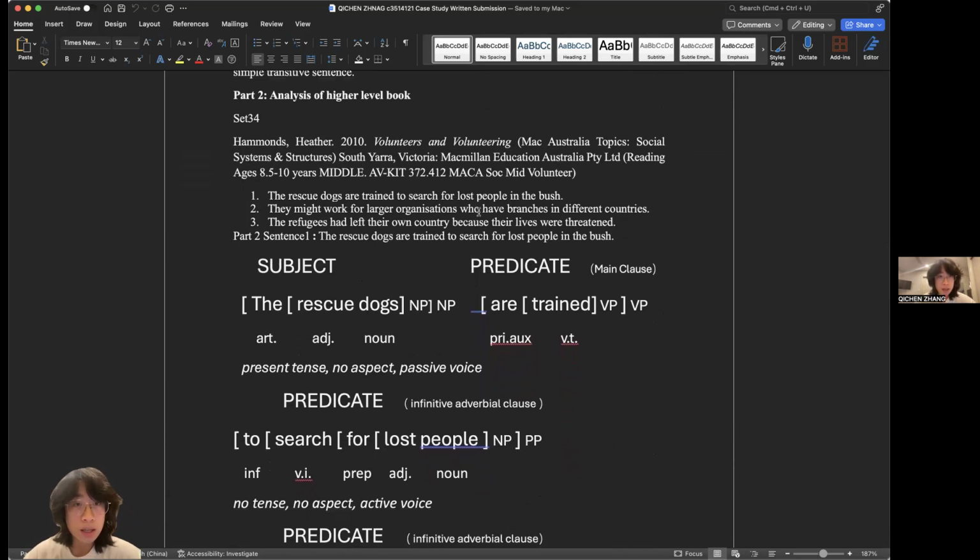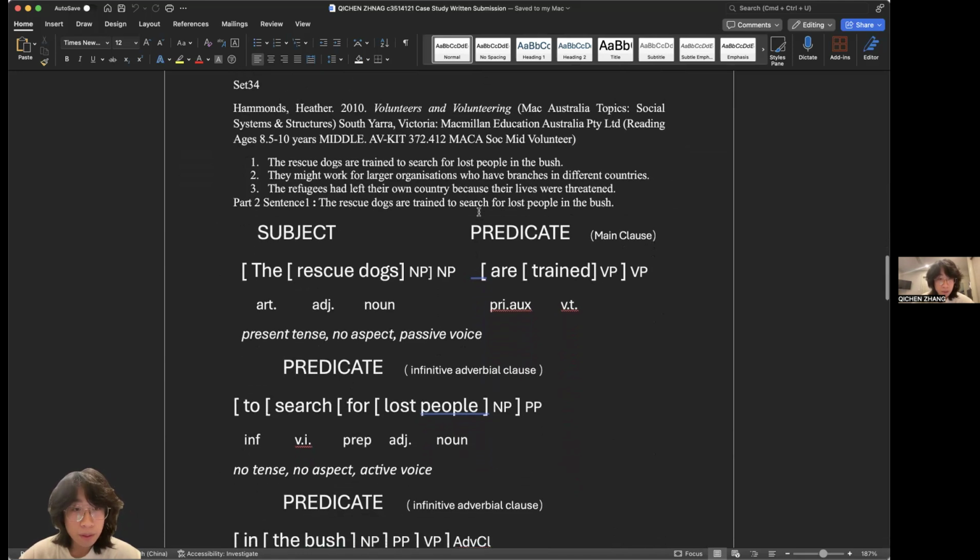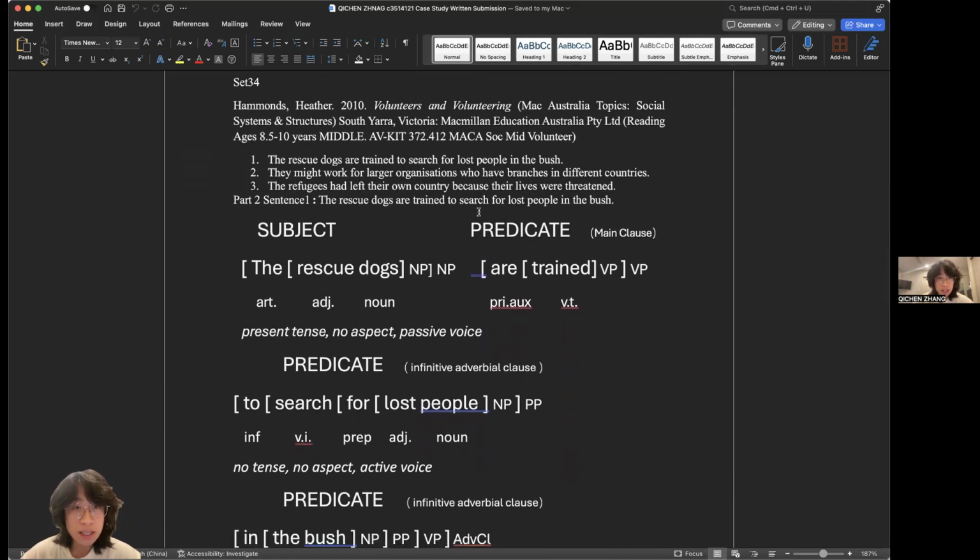Part two is analysis of higher level books. The first sentence is The rescue dogs are trained to search for lost people in the bush.